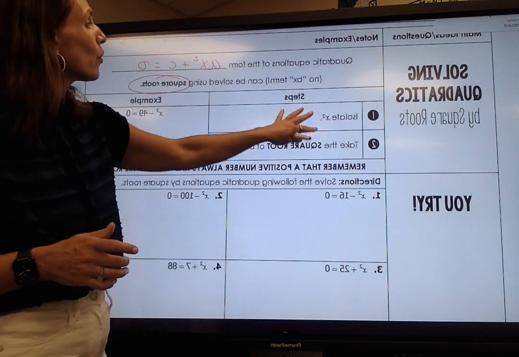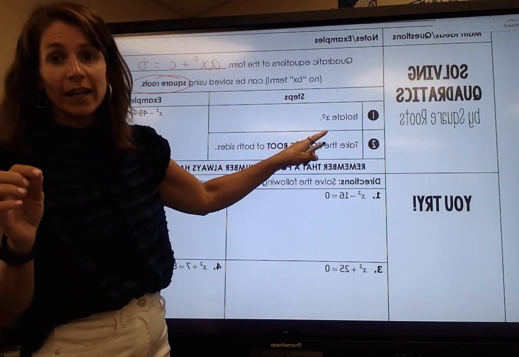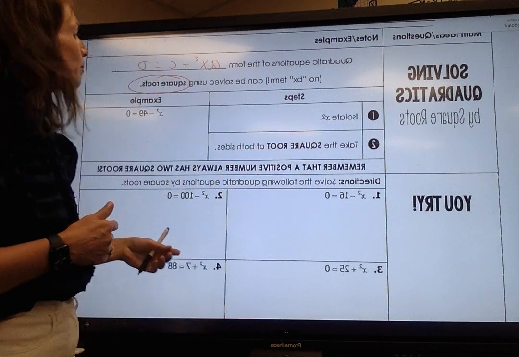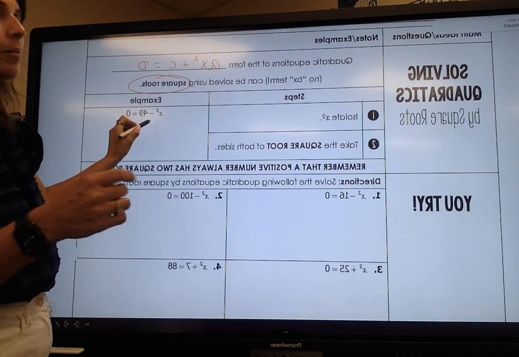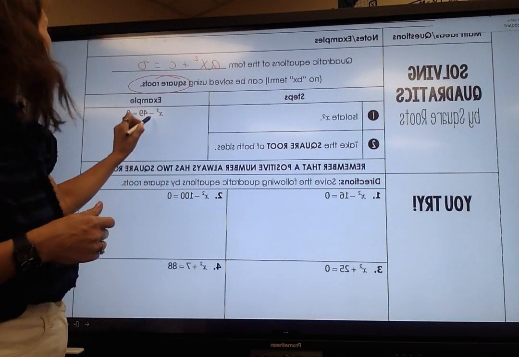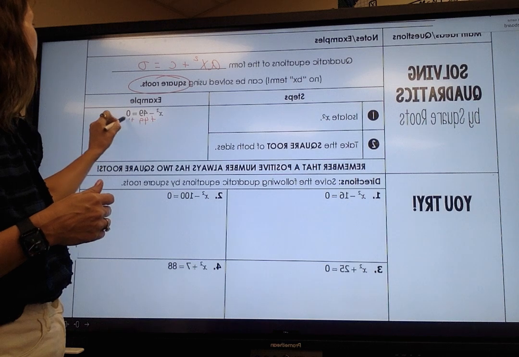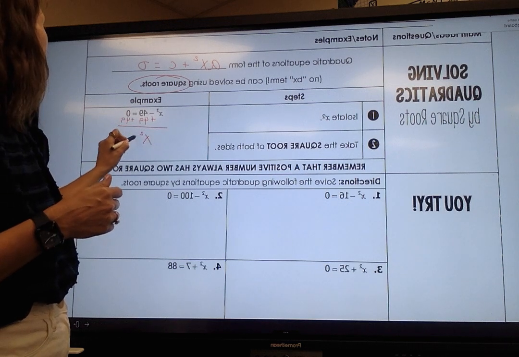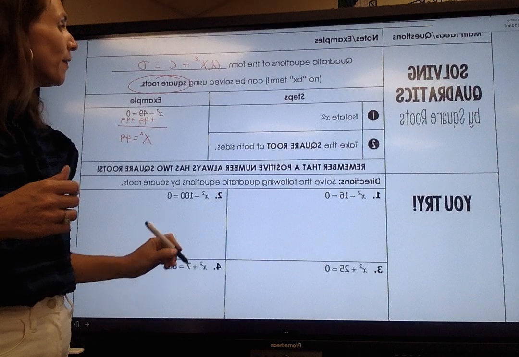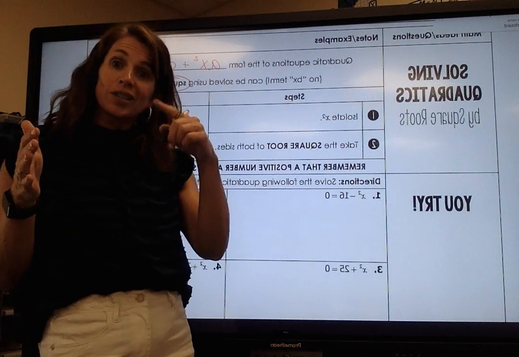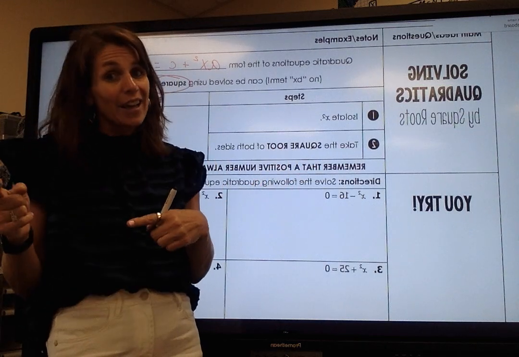So what are our steps here? Well, we want to isolate our quadratic term, which is that squared term. So over here, I need to get my constant term on the right-hand side. So I'm going to add 49 to both sides, and I get x squared equals 49. And then we do inverse operations, which is taking the square root. So we actually did this last year.